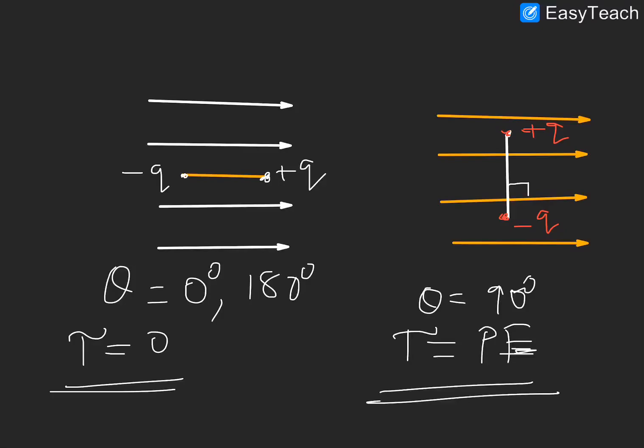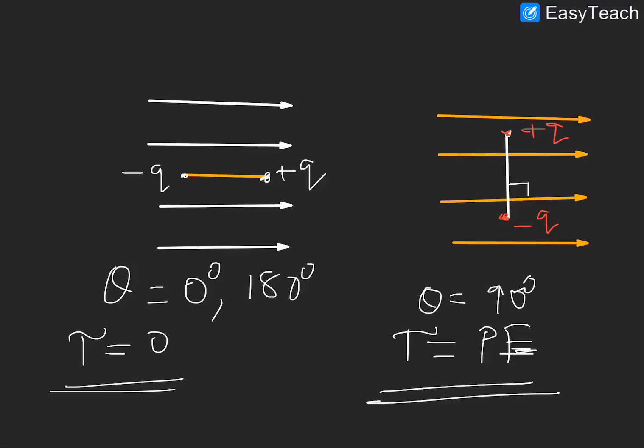Other than 0 or 180 degree or 360, rest of the angles, here in this case we will not define 360, because 360 means you are rearranging the same dipole two times, so it will be again 0. So we need to discuss only up to 180 degree. Other than 0 or 180 degree, at all the other angles your dipole will rotate, and the maximum rotational force, that is torque, will be when you place your dipole perpendicular to the field.